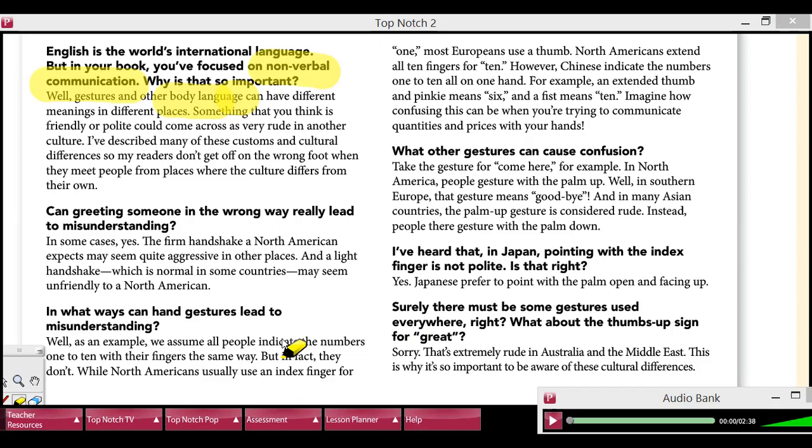Nonverbal communication refers to the ways in which beings convey information about their emotions, needs, attitudes, and their thoughts without the use of verbal language. Without speaking, right? Yeah. Without speaking.